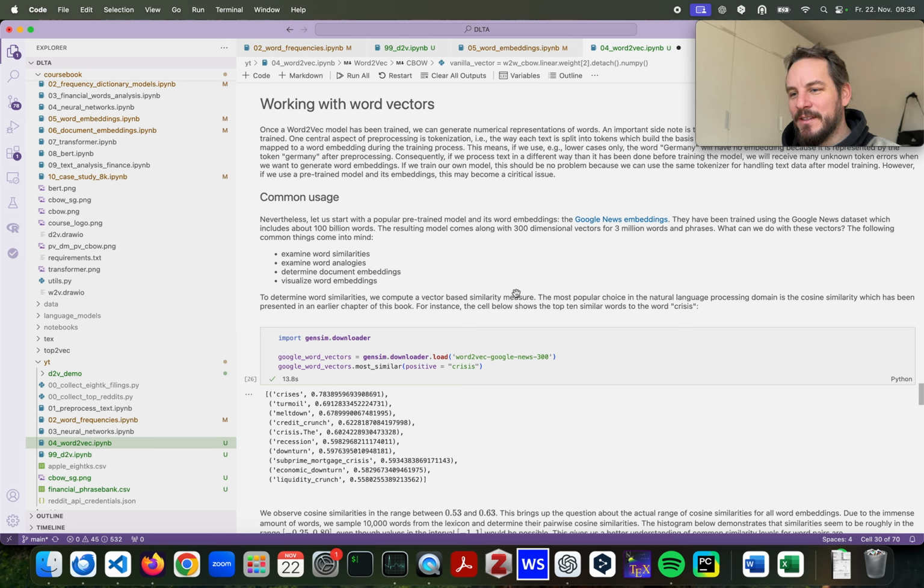So you can create things such as the average vector of words, and if the words are similar to each other, then maybe you can create a vector that more or less describes a topic described by those words.